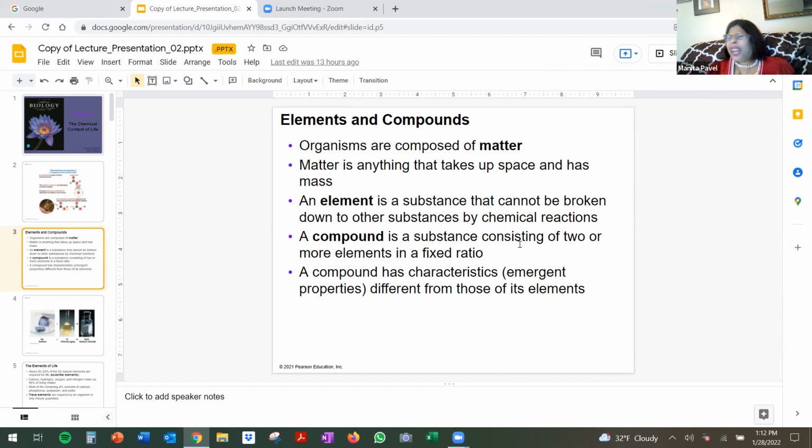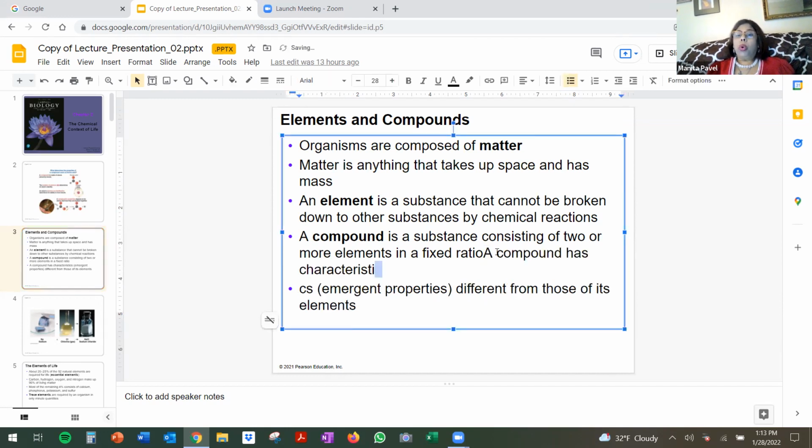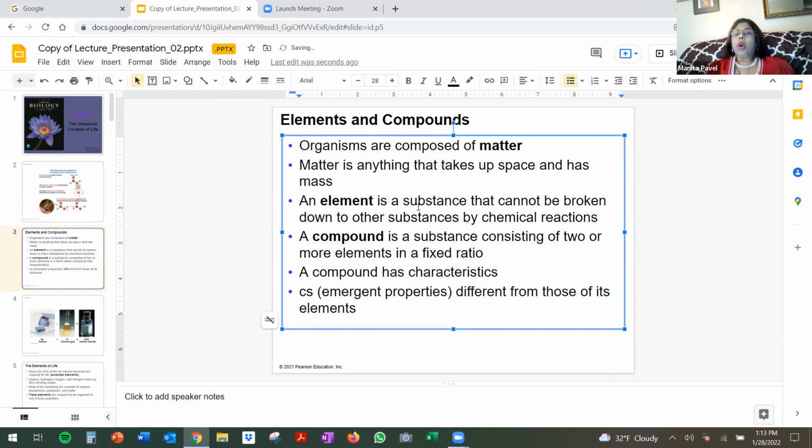The classic example of a compound that we all require for sustenance is water, H2O. So you have H, hydrogen atom, element, oxygen element. But H2O stands for two atoms of hydrogen with one of oxygen.